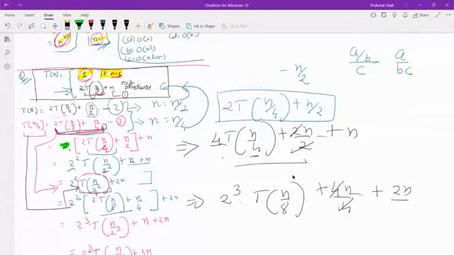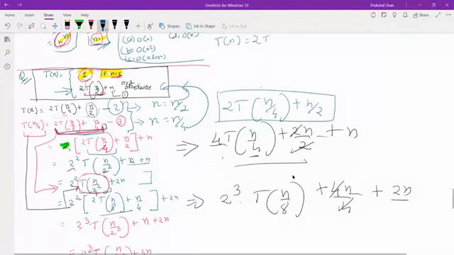Just a second. See, what is our requirement here? You have t of n equals 2t of n by 2 plus n. This is what you originally have, right? Yes, sir.